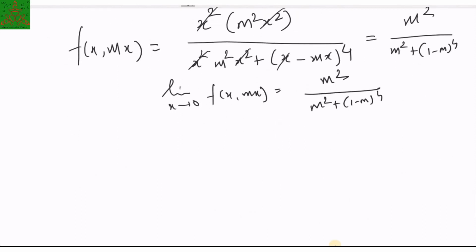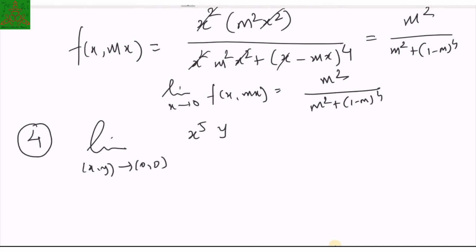Let's have another, fourth example. A limit of xy tends to 0, 0, x power 5 into y upon x power 10 plus y square. So here what will be the power? In the numerator you will have a 6 power because it is 5 and its power is 1, and both the functions are in multiplication, that's why the powers are added.